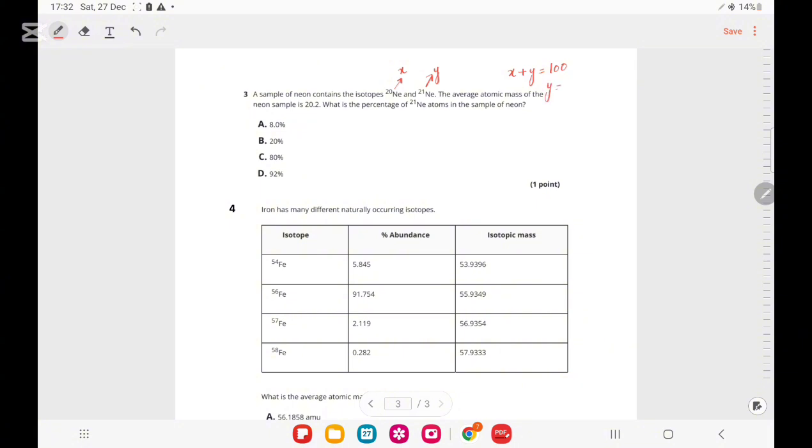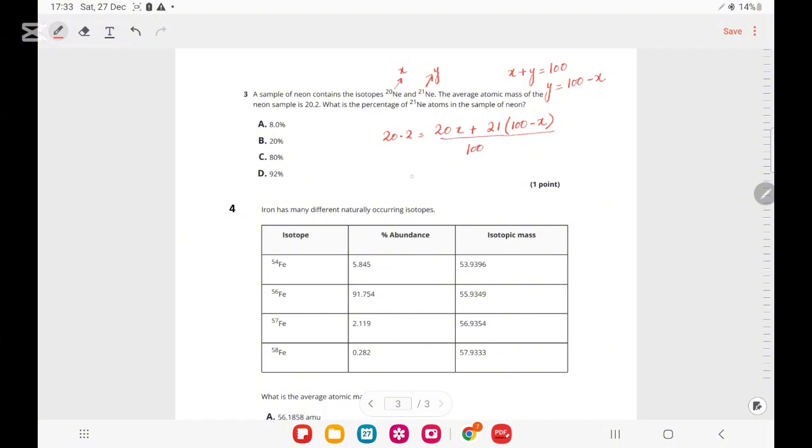And we can keep y is equal to 100 minus x so that we can keep the abundance in terms of x. So let's put them in the formula. We know average atomic mass is equal to 20 is the atomic mass times with x plus we have 21 times it with 100 minus x and we are going to divide it with 100.